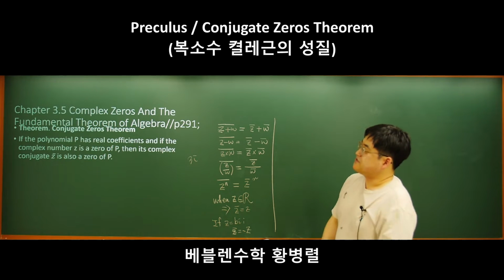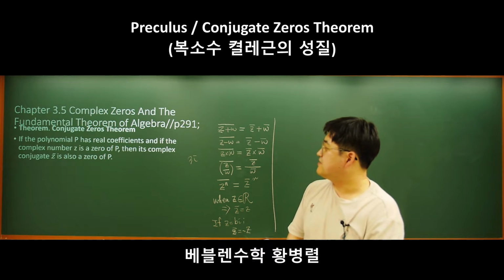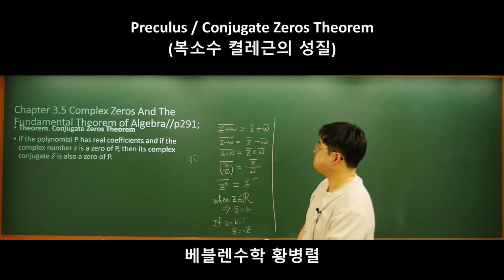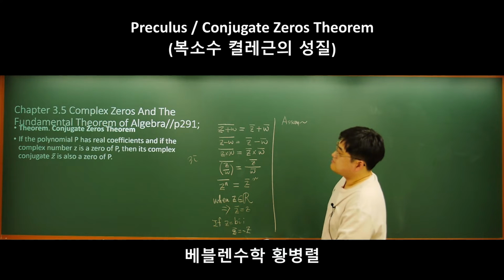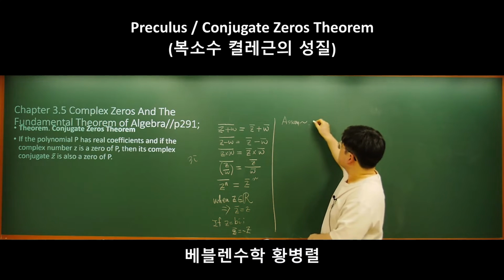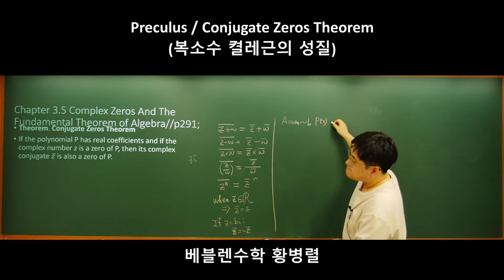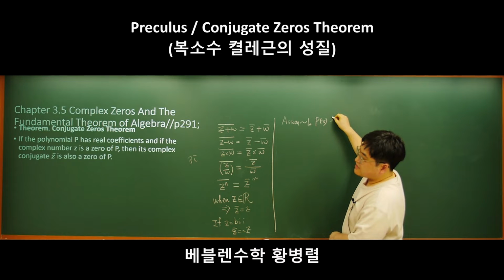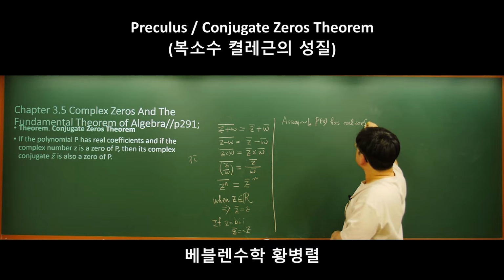The assumption of this theorem is that the polynomial has real coefficients and the complex number z is a zero of p(x). Assumption 1 is p(x) has real coefficients.